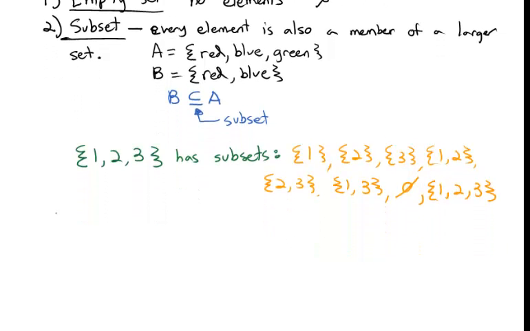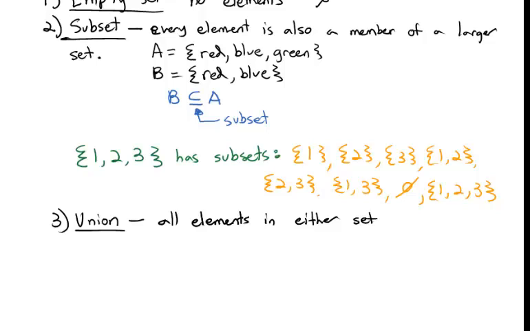Another concept that we might be interested in looking at is this concept of union. We can find the union of two sets. When we do that, we are asking for all elements in either set, or both.